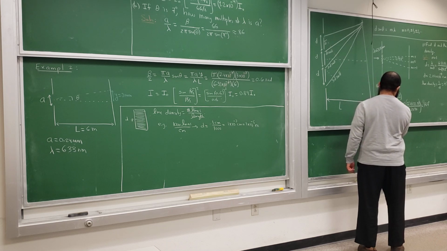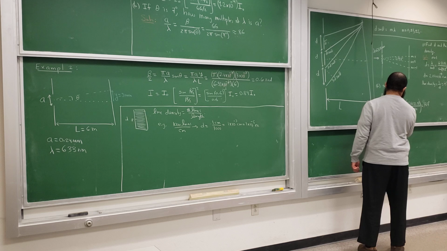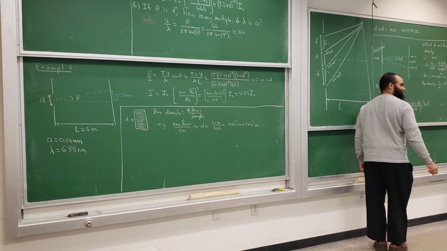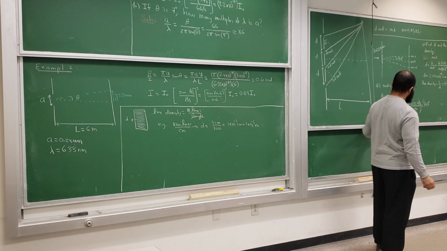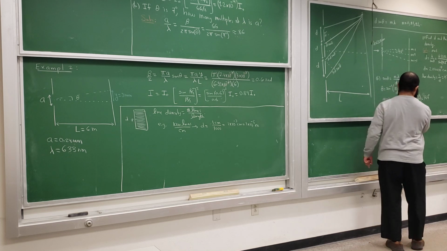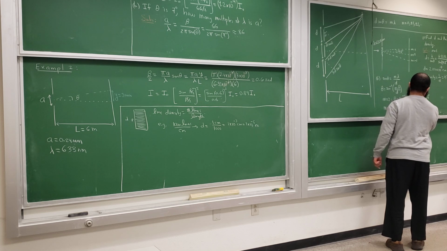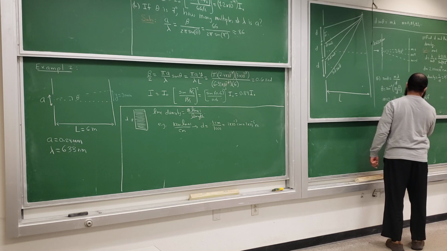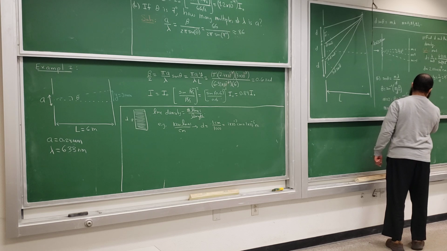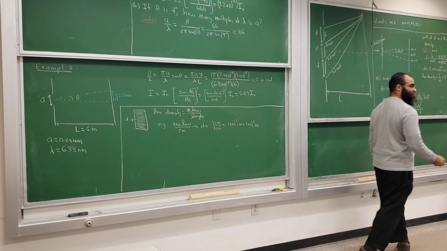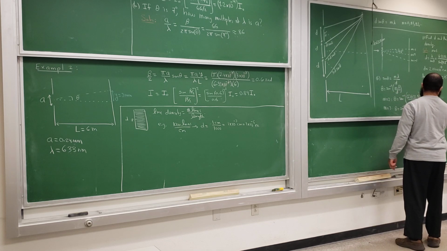Let's try m equal to 3. Theta will be sine inverse of, what should I plug in now? 3 times all that, so 3 times 632.8 over 2070. Let's see the angle. You got 66.5 degrees?